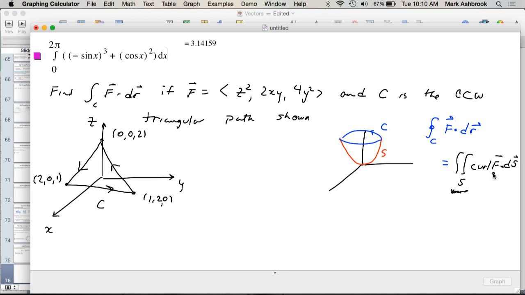Which disk? That's right. So the unit disk at z equals 1, right? So let's call this S star, the unit disk at z equals 1.